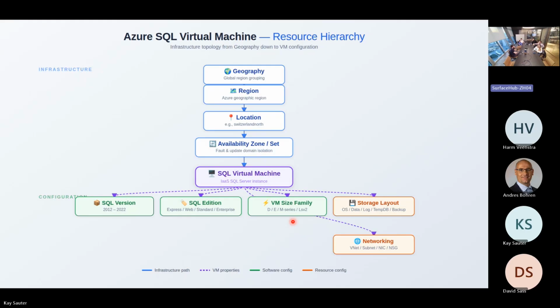So you have a really huge range of possibilities. And you also have the possibility of picking what kind of operating system you want, what kind of hard drive you want, and networking also has some possibilities to configure.